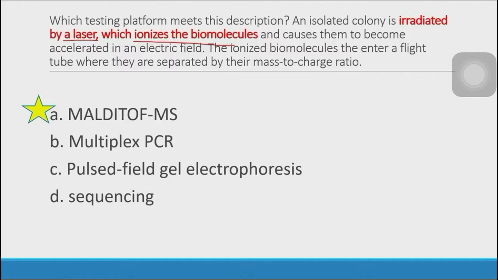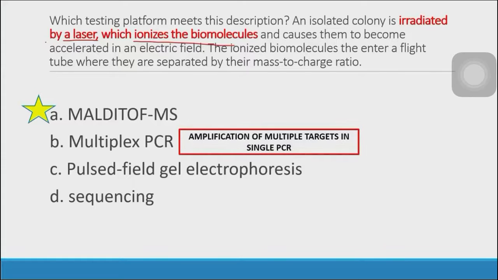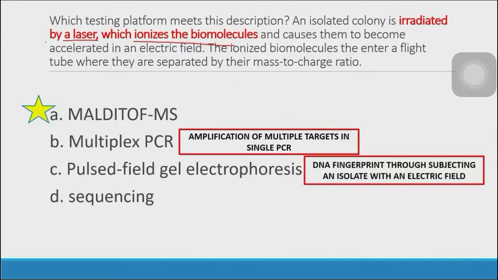Okay, so ano ba itong multiplex PCR na yan? So multiplex PCR is amplification of multiple targets in single PCR. Usually kasi isang target lang ina-amplify mo in a given nucleic acid, but for multiplex PCR, you try to amplify multiple targets. Okay, for pulsed field gel electrophoresis, nucleic acid technique din yan, molecular technique, in which you obtain DNA fingerprint through subjecting a bacterial isolate with an electrical field.